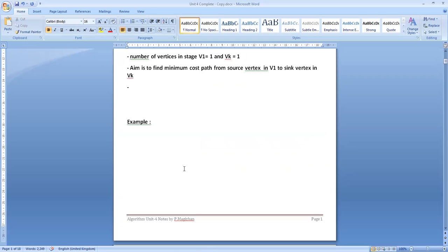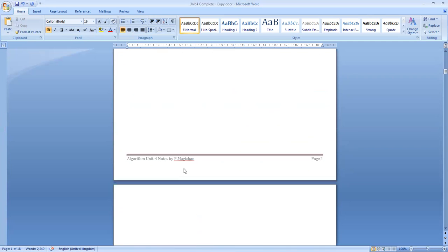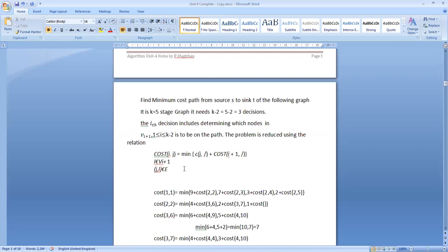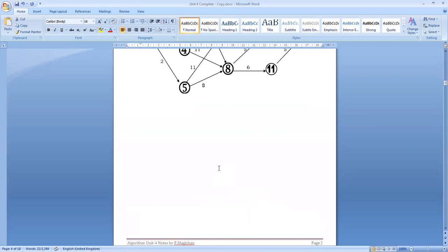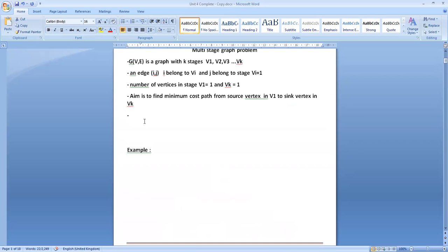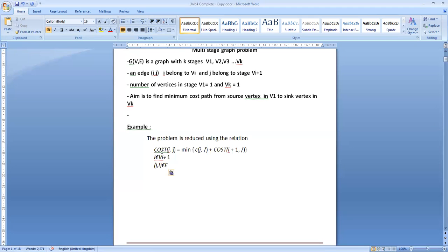To solve this problem, we have to generate one formula. So the formula is this one. We devise one recurrence relation. So the problem is solved using the recurrence relation.